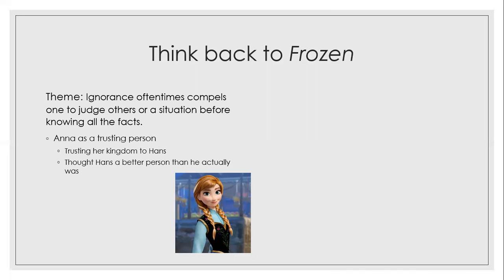So the setting of isolation that Anna had led her to be more ignorant to the way people can be, and she ended up being more trusting because of that ignorance, and things didn't really work out too well for her. She ended up thinking somebody was better than they were, and it didn't work out too well.